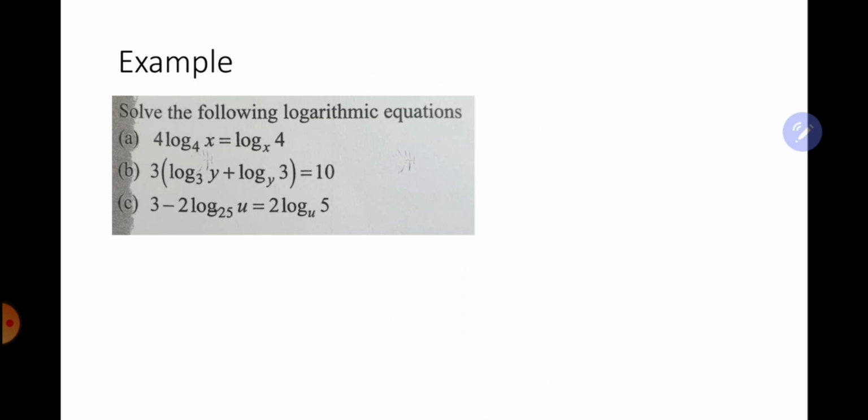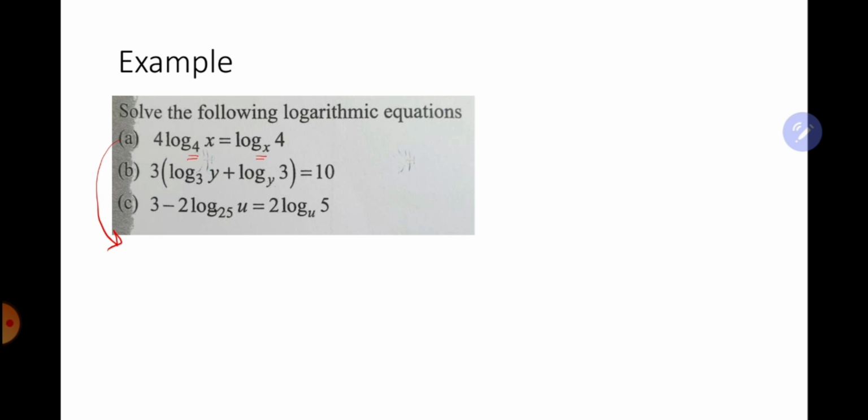The last 3 examples before we end for this week's lecture. Cepat. Okay, yang ni we have 4 log x base 4. Yang ni pun, tapi ni different base. You tengok, this is base x, base 4. Okay, so we have to use the formula to change the base.